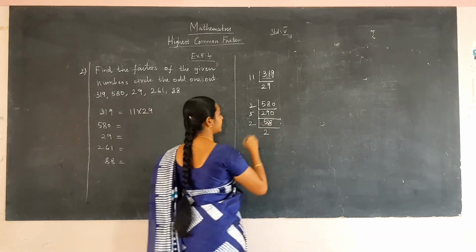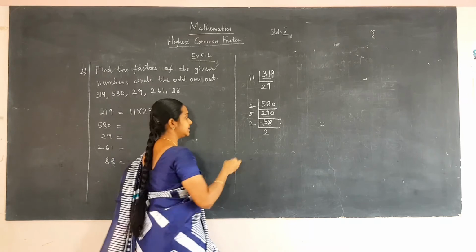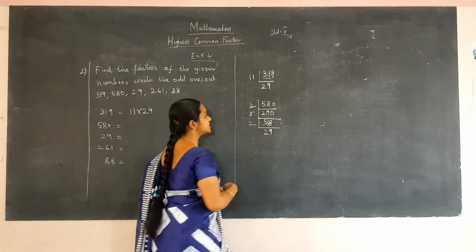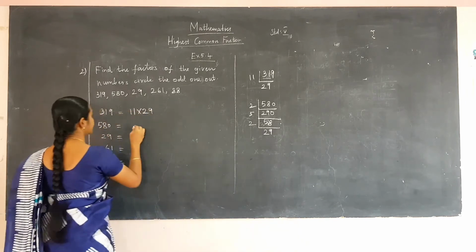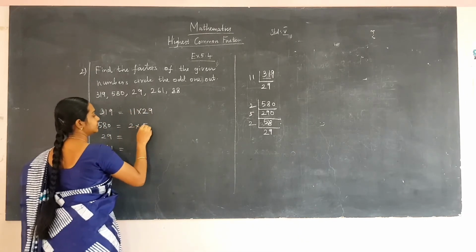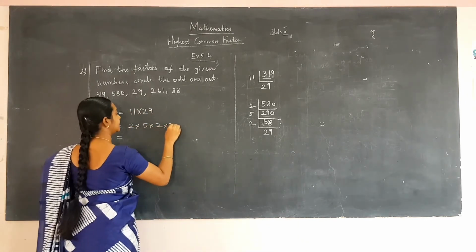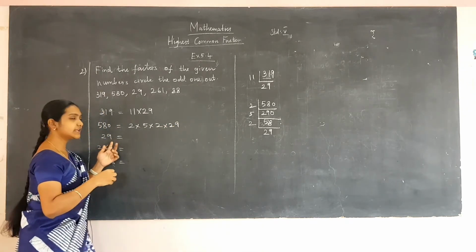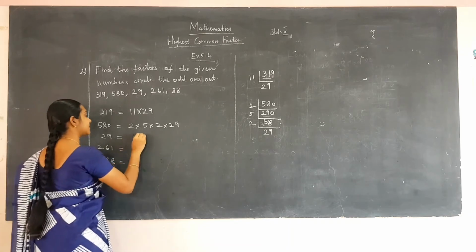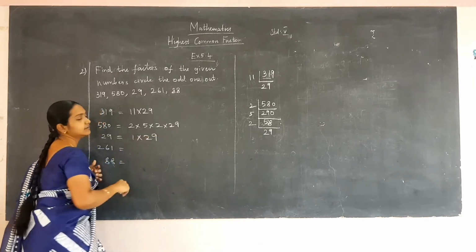We have remaining 1. 9 2s are 18. We can stop with this because 29 is a prime number. 2 into 5 into 2 into 29. Let us factorize 29. 29 is a prime number, so the only factors will be 1 and 29.